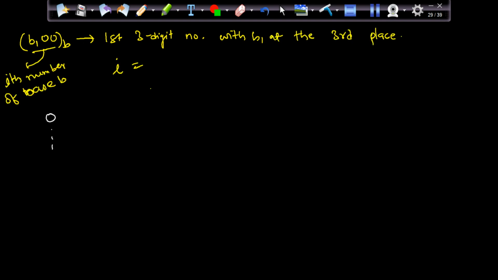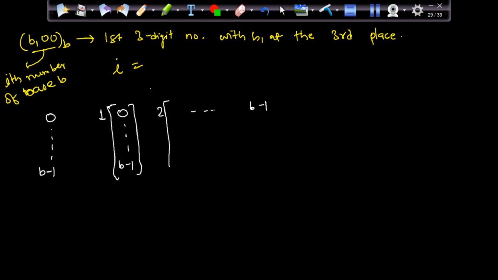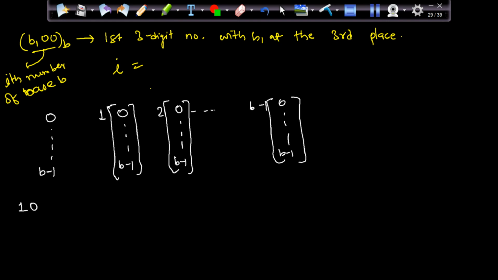The digits run from 0 to b minus 1, and the first three-digit number is 1 0 0.